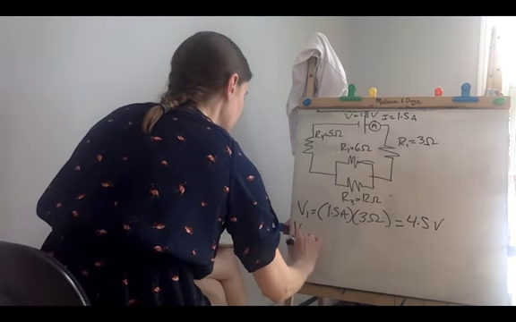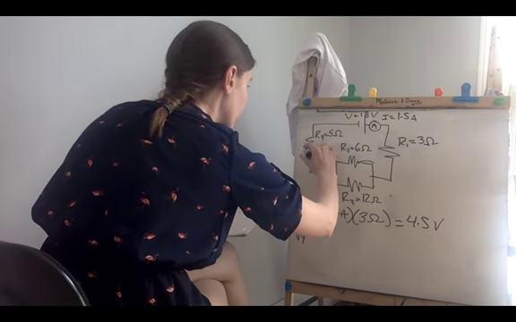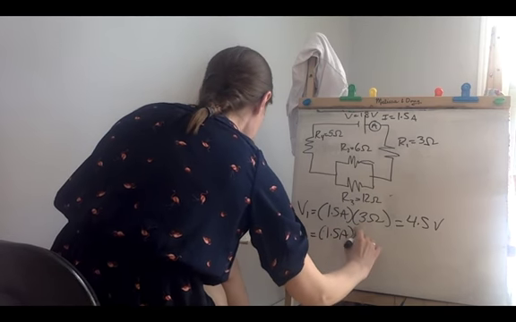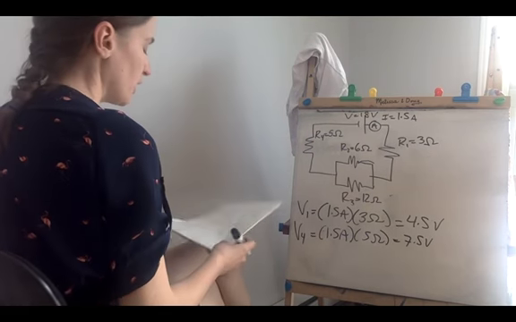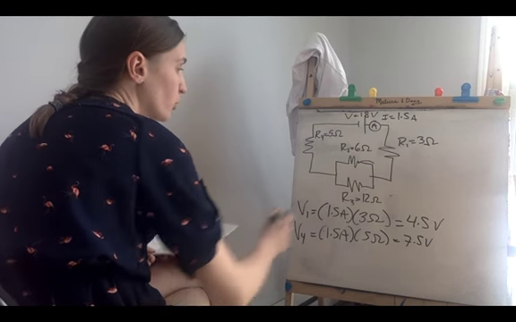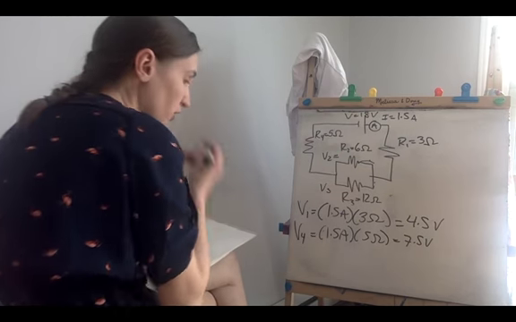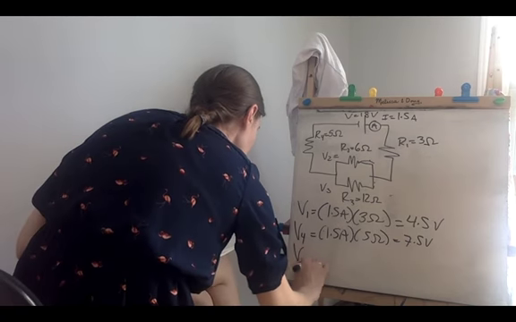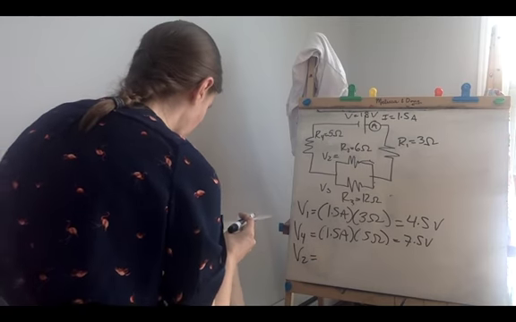You can figure out the same at V4, which is 1.5 amps multiplied by 5 ohms, which we solved for in part A, 7.5 volts. So what we have left is that the potential voltage is the same here as it is here, so V2 is equal to V3, and we're interested in V2, so V2 is going to be 18 minus 4.5 minus 7.5.